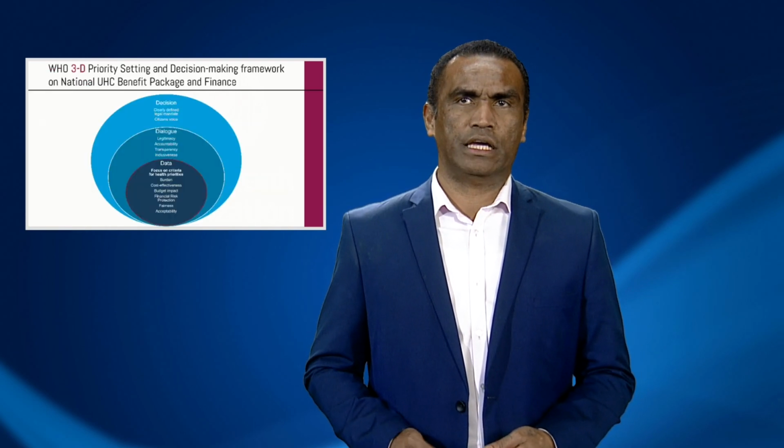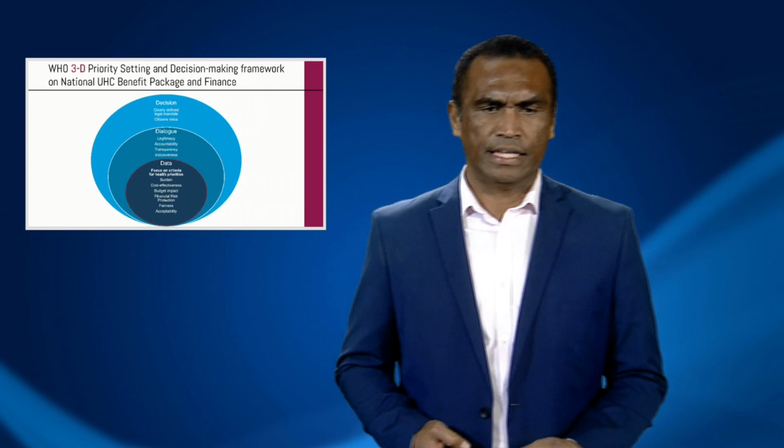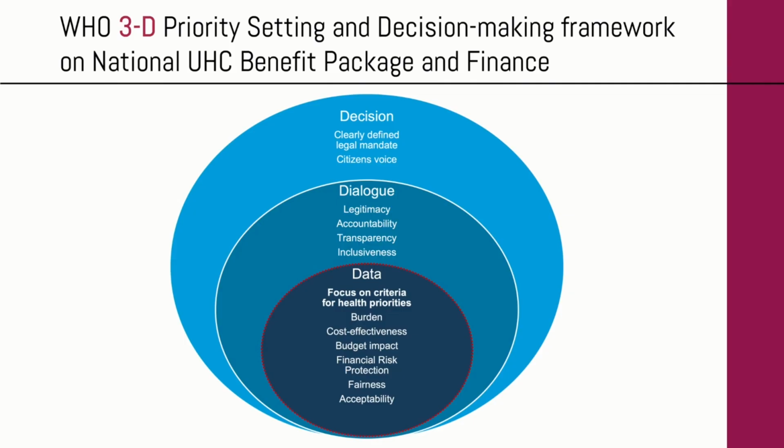Now, in developing the National UHC benefit package, there's a 3D priority setting tool that WHO has. It begins with data collection and analysis, in terms of burden, cost effectiveness, budget impact, and financial risk protection.